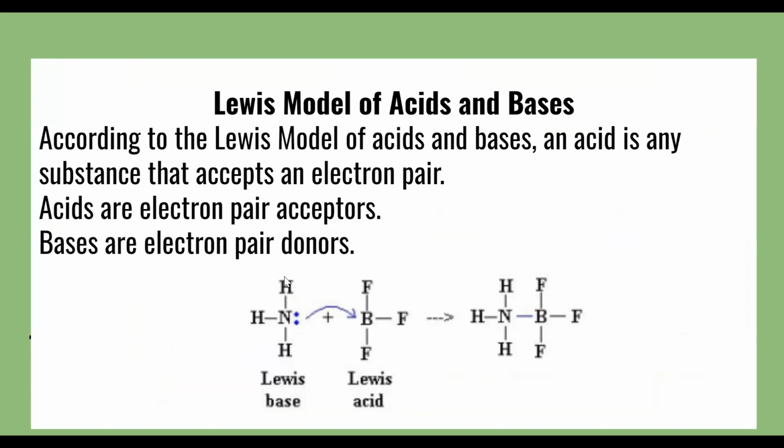Acids are electron pair acceptors, bases are electron pair donors. So if that is the case, the base donates the electron pair, look at it here, which is accepted by the acid, because acids are electron pair acceptors. I just want to make mention of this.